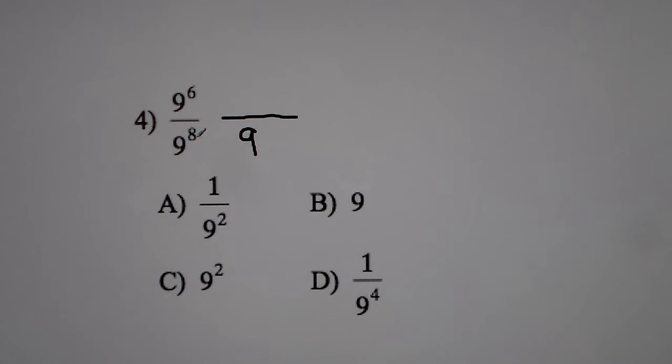So the bigger number, 8, is in the denominator, so our 9 goes in the denominator. And then we're going to do 8 minus 6, which is 2. Now there's nothing left over since the higher power is in the denominator, so we just have a 1 up top. So it'd be 1 divided by 9 squared. So this one, the answer is A, 1 over 9 squared.